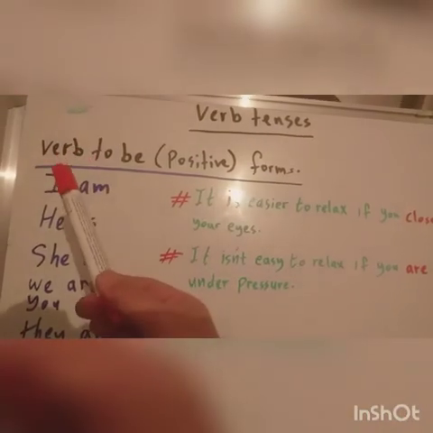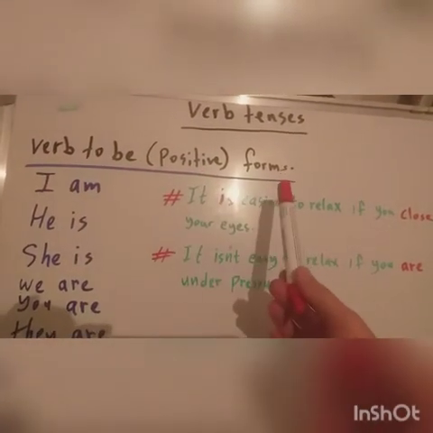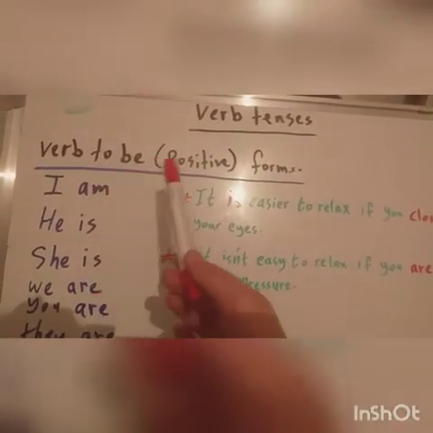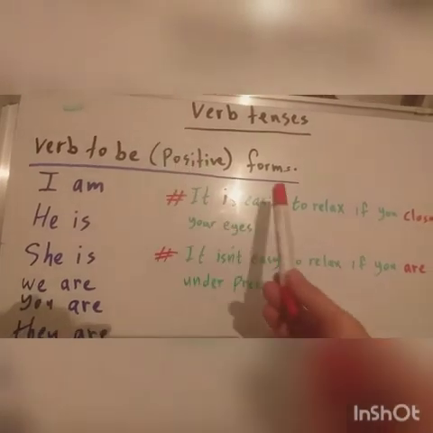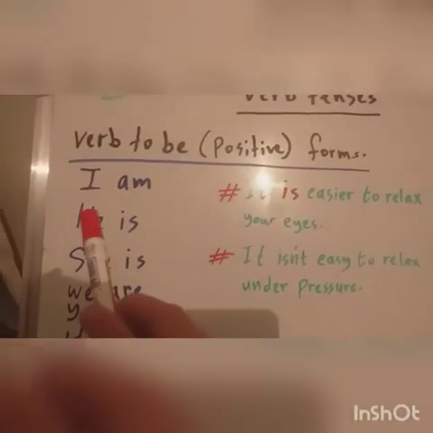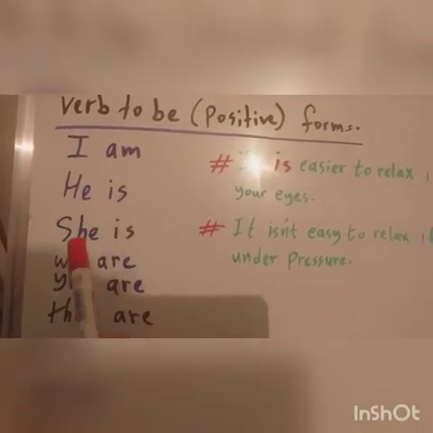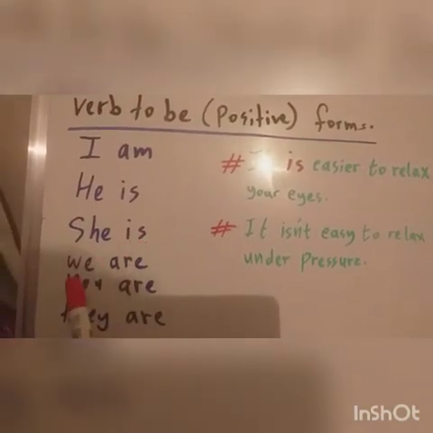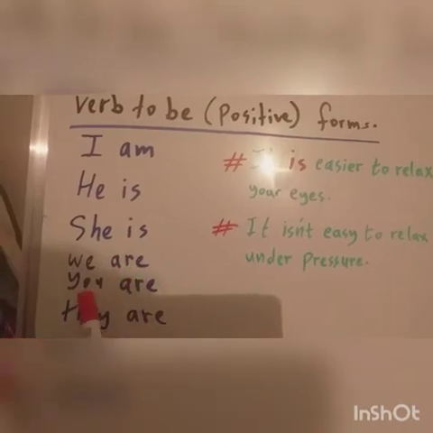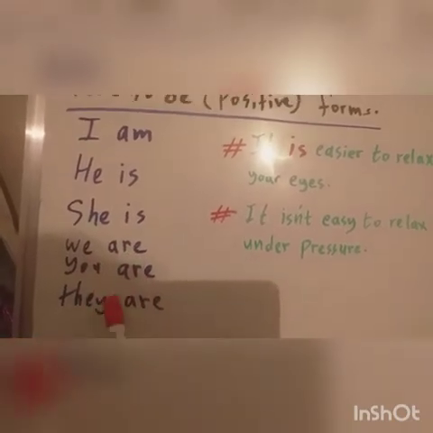First, let's look at the verb to be positive forms. The verb to be positive, which means affirmative forms. I am. He is. She is. We are. You are. They are.